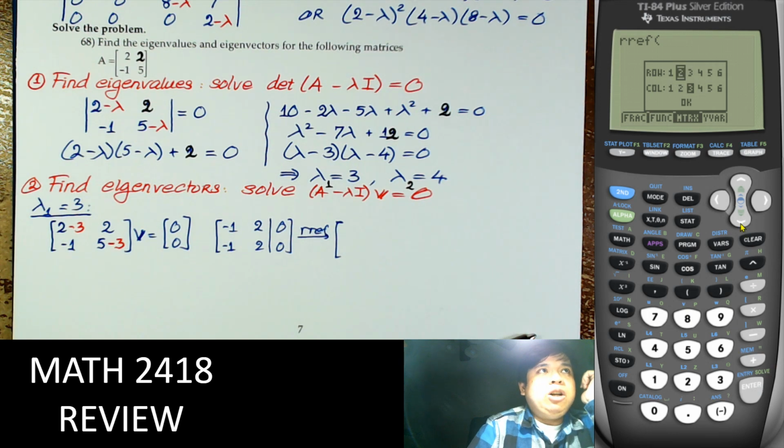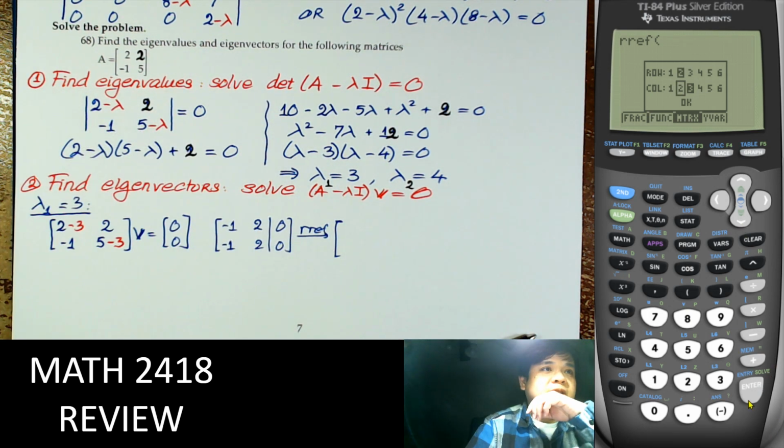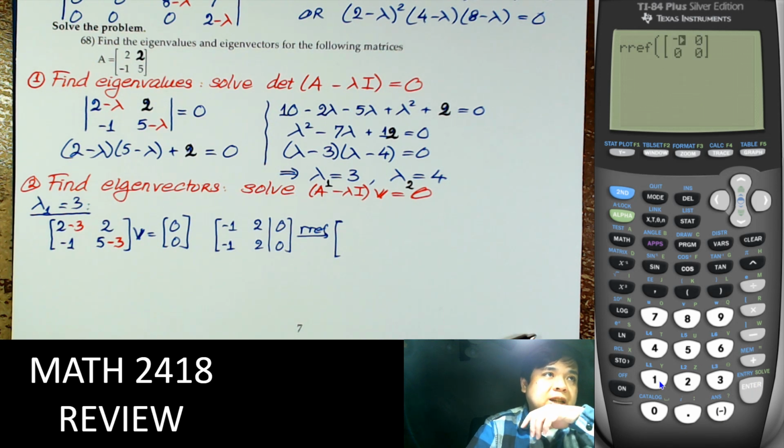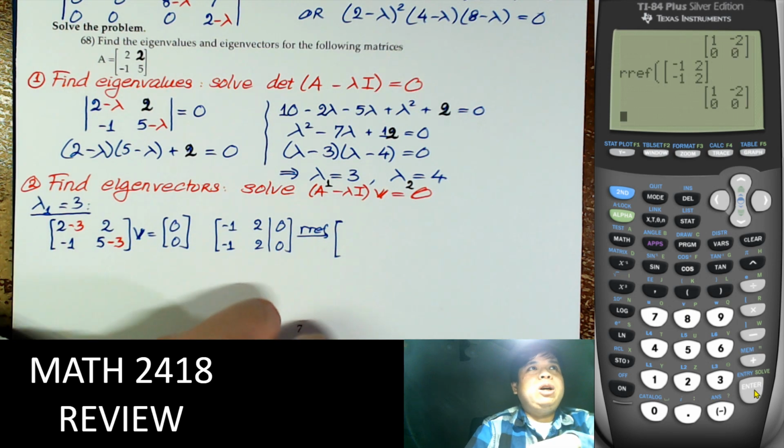Again, I really don't need to write the last column of 0. I said we don't really need a calculator for this, but when we have 3 by 3, it will help if we have a kind of systematic way to do things.